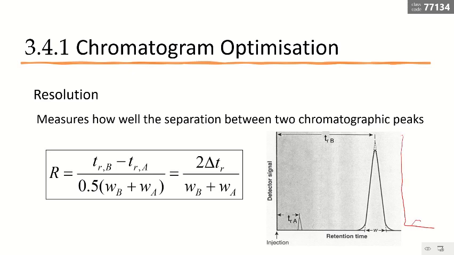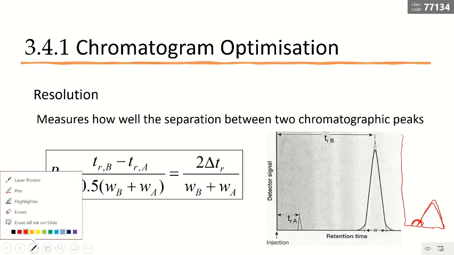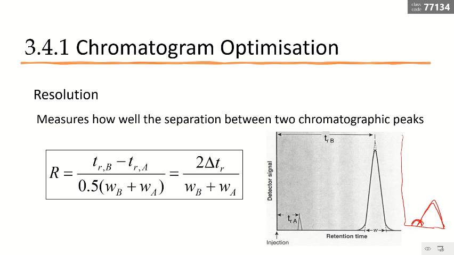I have the first peak like this, and the second peak like this. Maybe I need to use a different color so you can see more clearly. My first peak is in blue. So this separation does not really separate them well because there is some overlapping, right?